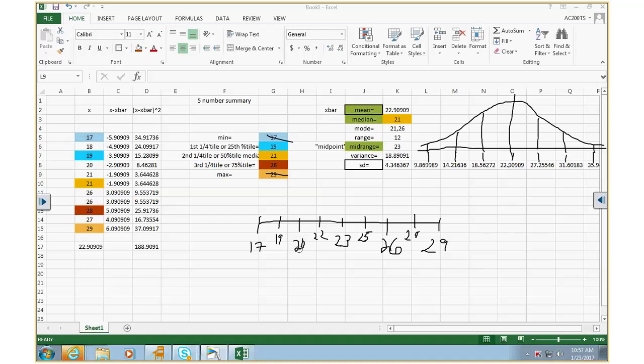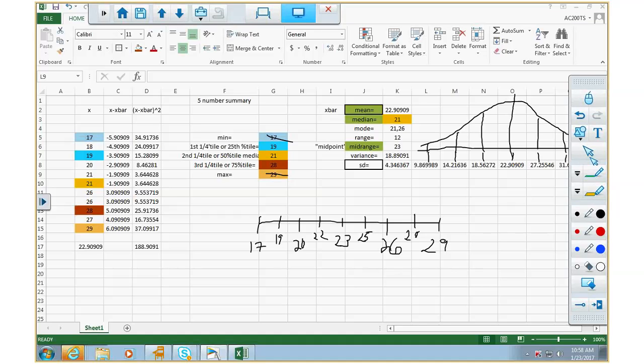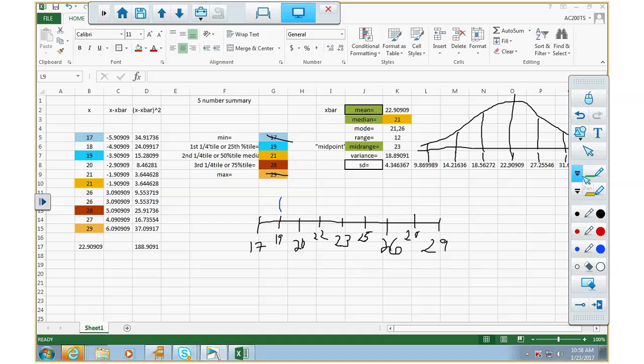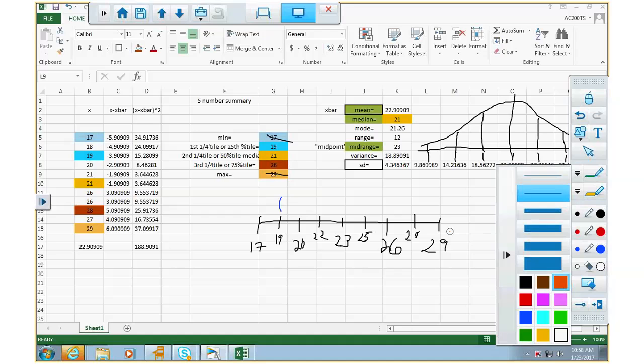And now I'm going to put my box plot in. So I'm going to take my blue marker and I'm going to paint my 19. And my whatever color that is, I'm going to color that orange right there. That's 28.